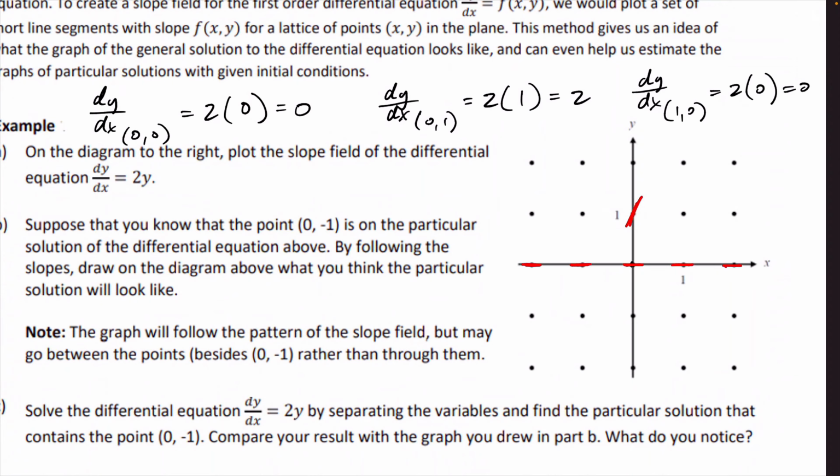At 0, 1, I had a slope of 2. Is there anywhere else I'm going to have a positive 2 slope? Anywhere y equals 1, right? So where else does y equal 1? All along that horizontal line, so all along that horizontal line we're going to draw the same direction.